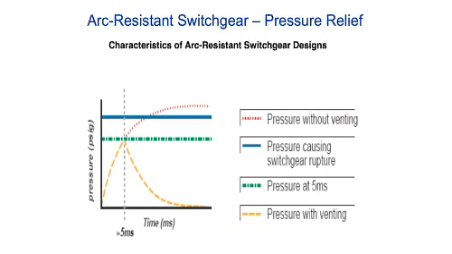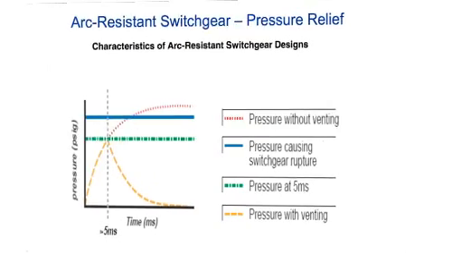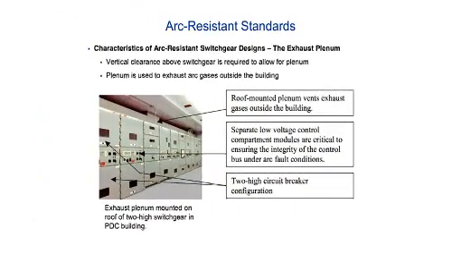If this were standard switchgear, the pressure wave continues to build. This is the switchgear rupture curve for steel, and obviously you blow it to smithereens, and that occurs at about 9 milliseconds. So you can see that's why in standard metal-clad switchgear, things blow up. And this is the reason why it happens. The switchgear steel simply can't handle it.